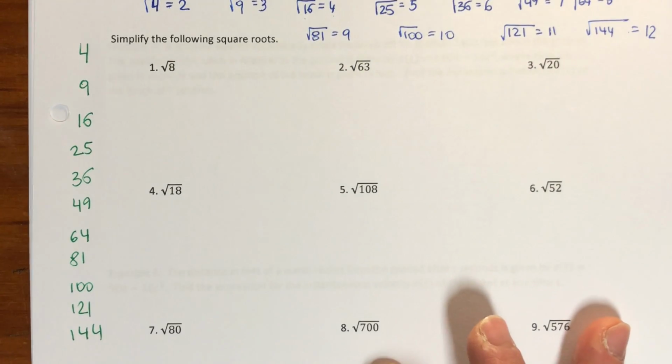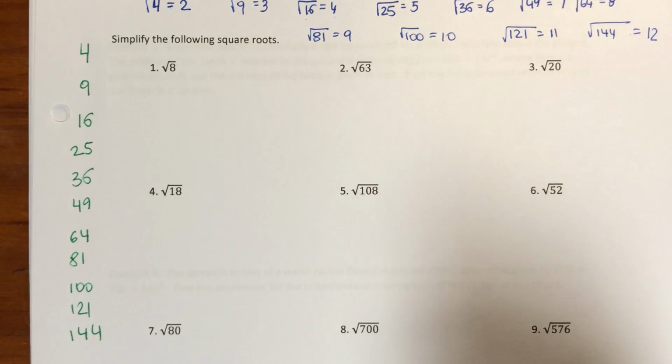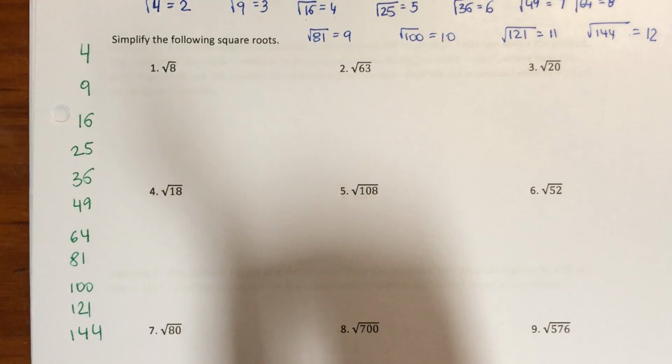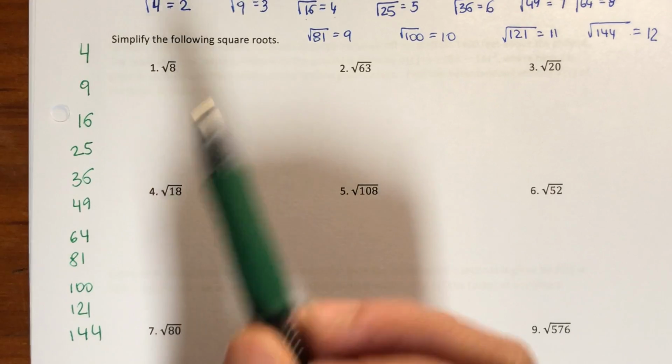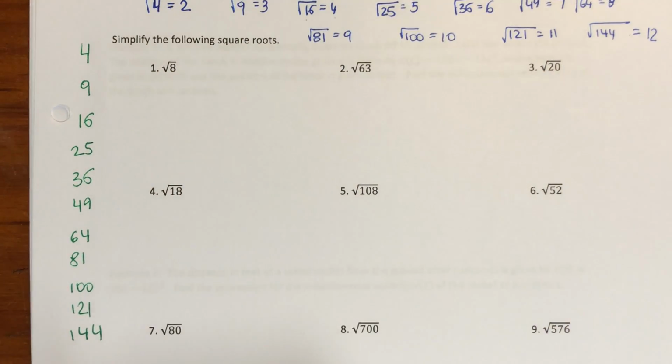Well, now you can see them, and those are perfect squares. So now, again, why? Because you can take a square root of each one of those numbers and get a nice number. We have it written right here.